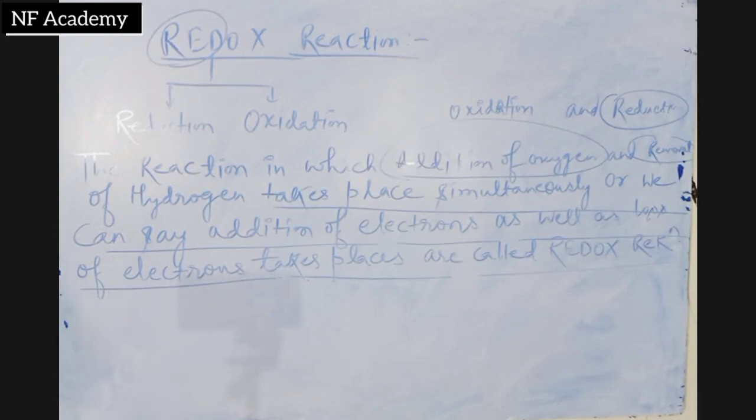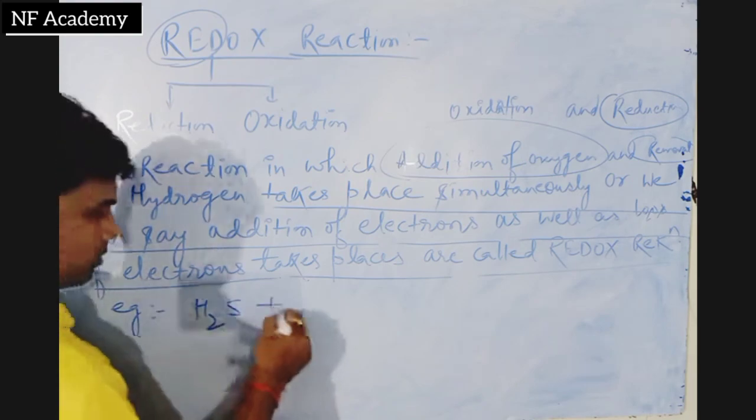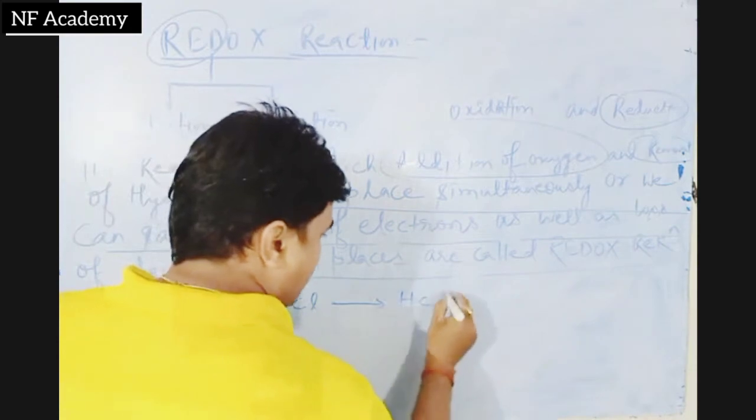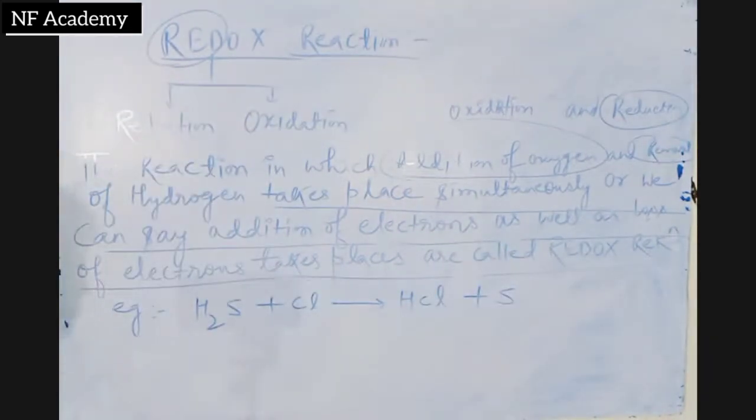Suppose, when hydrogen sulfide reacts with chlorine, it forms hydrochloric acid and sulfur. When hydrogen sulfide reacts with chlorine, hydrogen chloride, or we can say hydrochloric acid, is formed as well as sulfur.